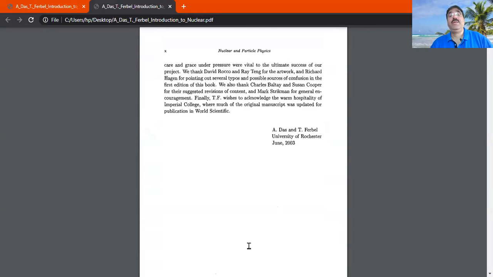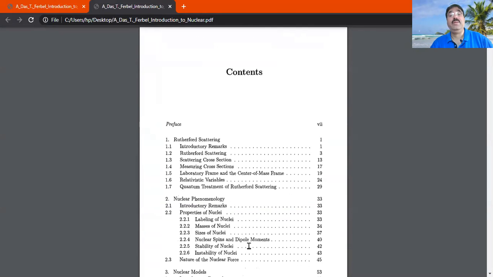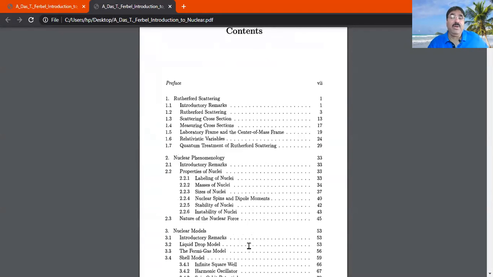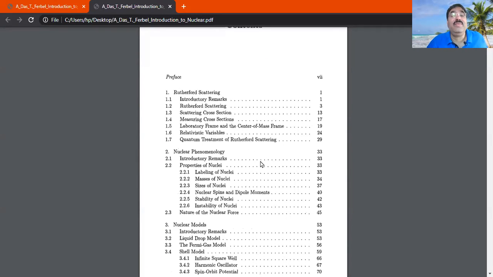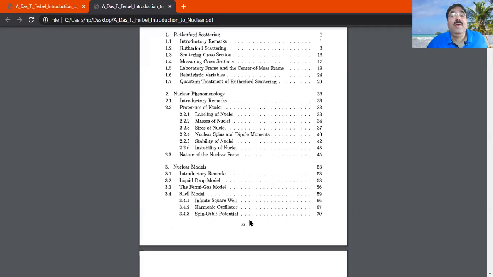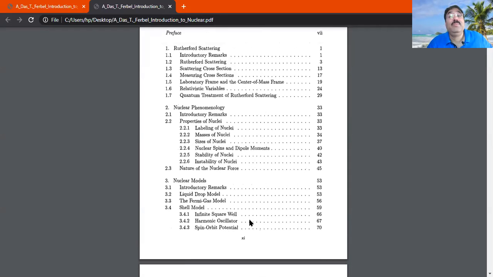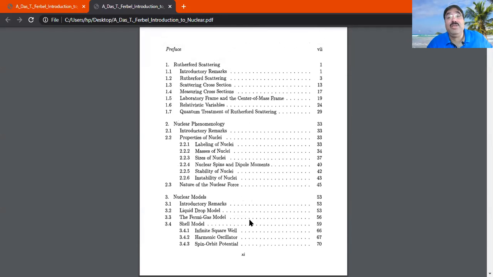It was published by the University of Rochester in 2003, and it's a very fresh book, because nothing much has happened in nuclear physics in the last 50 years. During my PhD I did some work in nuclear physics, but I learned that the excitement in nuclear physics is not that much now.